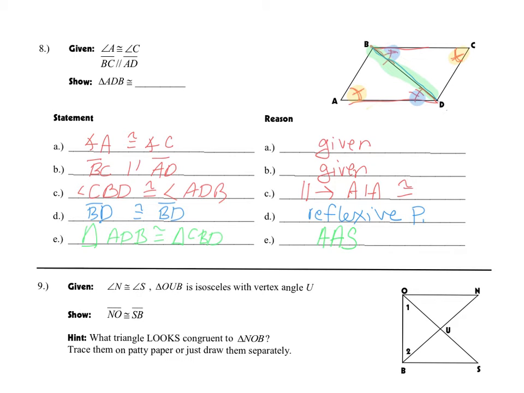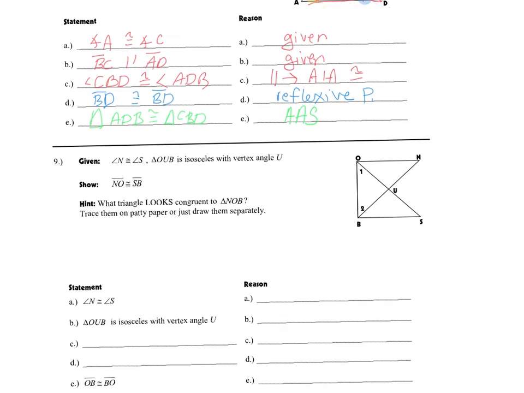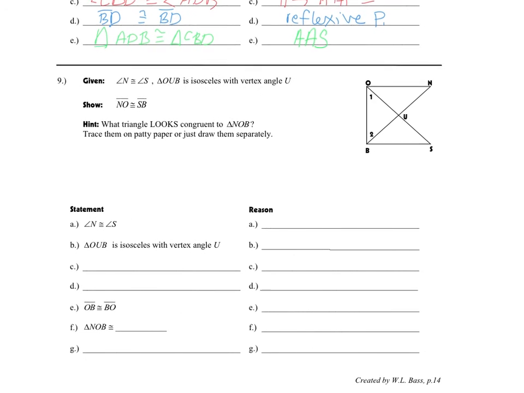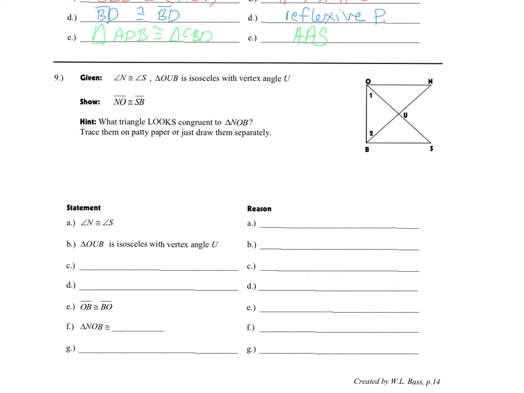All right, if we go to look at the next proof here, what I like to try to do, that is helpful for me to figure these out, is think about what I have to prove for this to be true.